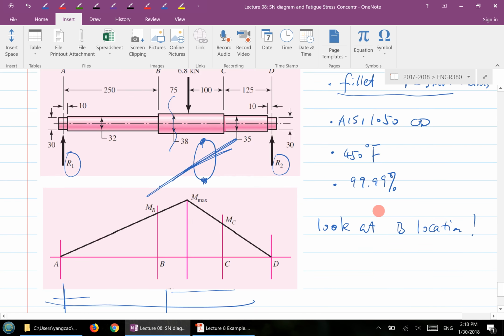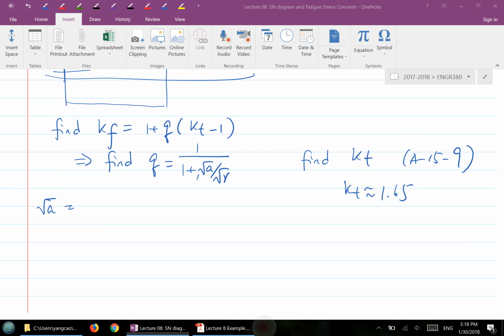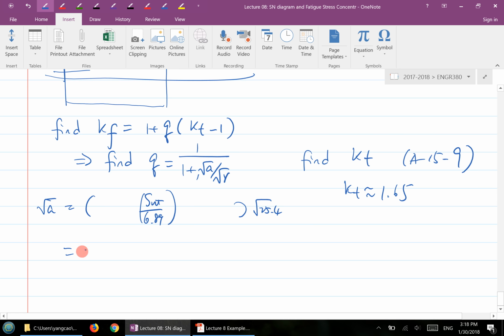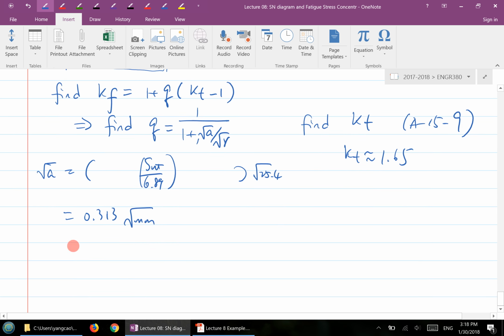Once you find the square root of a, which is 0.313 with unit of millimeter, you can find q, which is 0.847. These two together give your Kf, approximately 1.55.